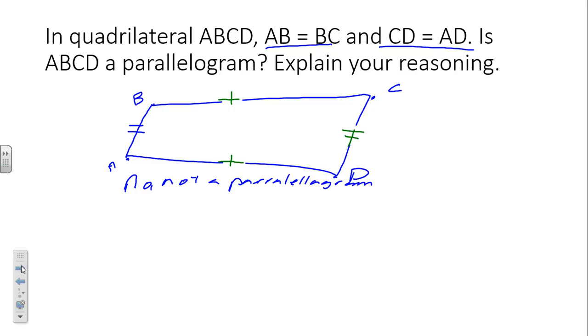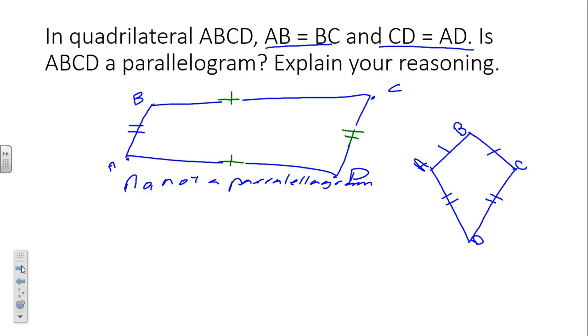Okay. Now, here's what it would look like if we could draw it to scale. If I were making A to B congruent to B to C and C to D congruent to D to A, what kind of figure would I get? A kite.